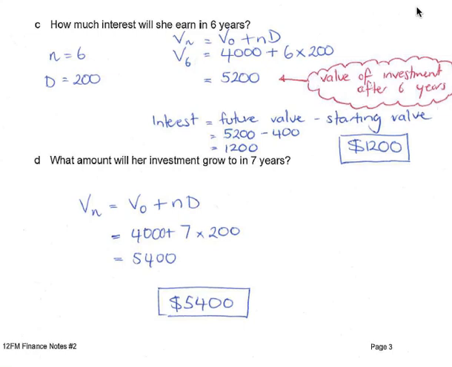Value of investment after 6 years. If we then use that value, we can subtract the starting value, and again they've written 400, but that should be 4,000. You end up getting an interest of $1,200 over that 6 years that you've paid.